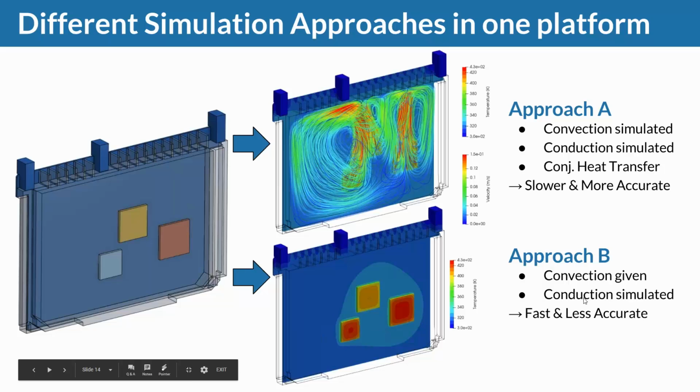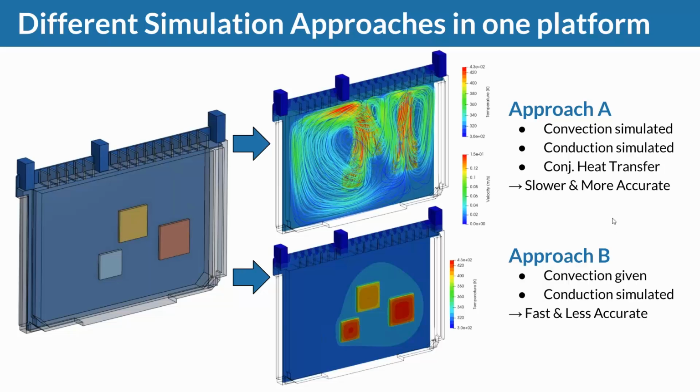This means that I'll only simulate conduction, and the effect of convection is basically being constrained. So I'll give it to the simulation as a boundary condition. That's very fast because it's an easier simulation, mathematically not as complex, but less accurate, because I'll assume a constant heat transfer coefficient across the chips.